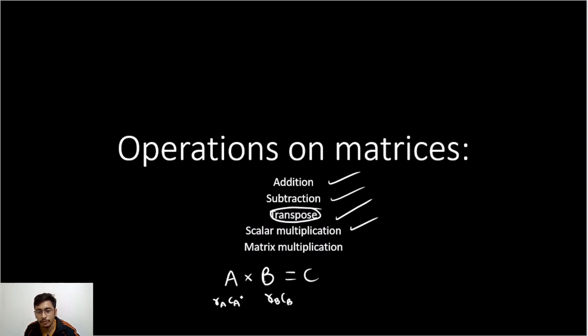The number of columns of the first matrix should be equal to the number of rows of the second matrix. Then only you will get a valid multiplication, and the resulting matrix will have the number of rows of A and the number of columns of B. So this is how you get a matrix multiplication.